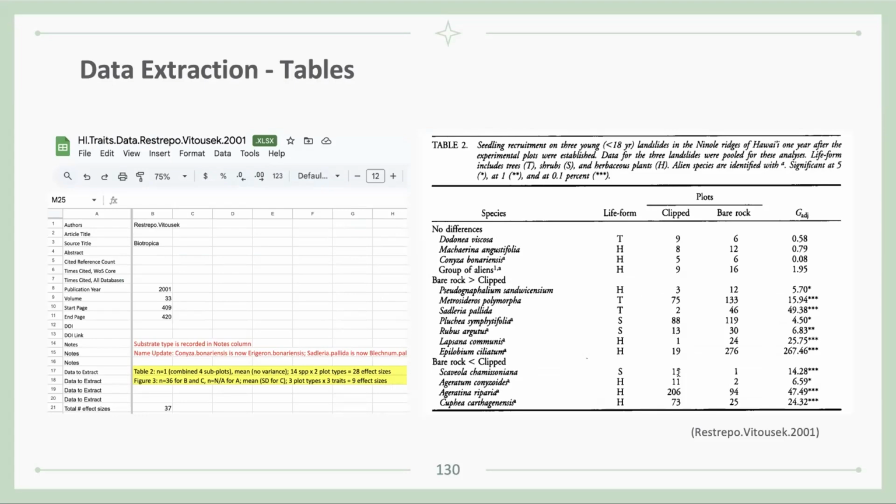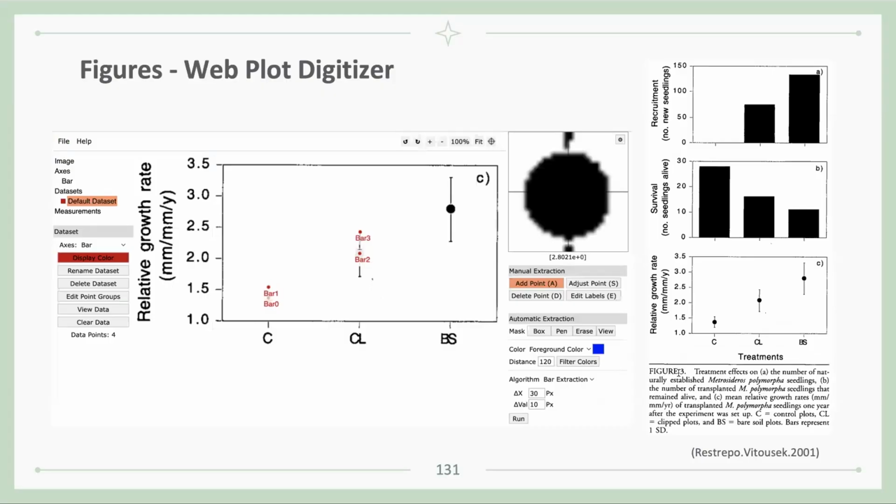The first level of data extraction is extracting data from tables within the papers. This is fairly simple because I'm inputting these numbers into our templates. To bring it up a level of complexity, I extract data from figures in published papers. I use a helpful web-based tool called Web Plot Digitizer.